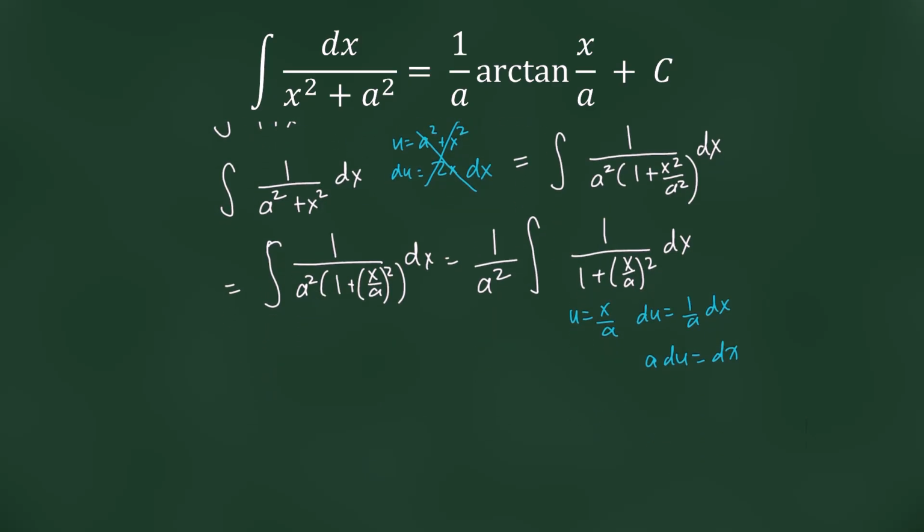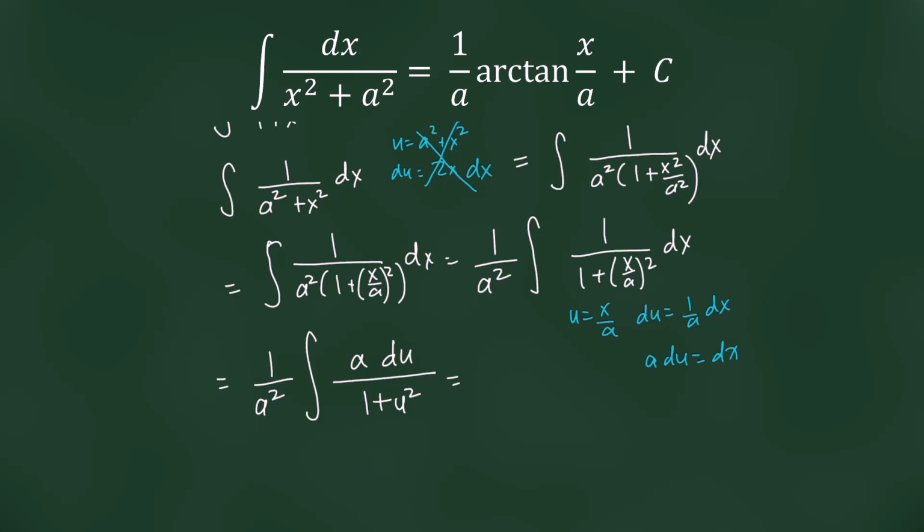Now, if we plug that back in, we end up with 1 over a squared, and then we have the antiderivative of a du over 1 plus u squared. We'll move the a that's on the inside to the outside, which gives us 1 over a.